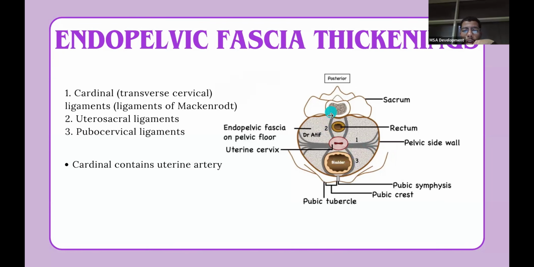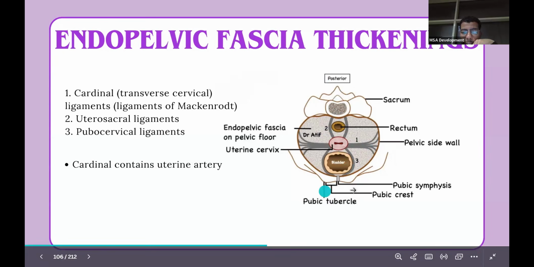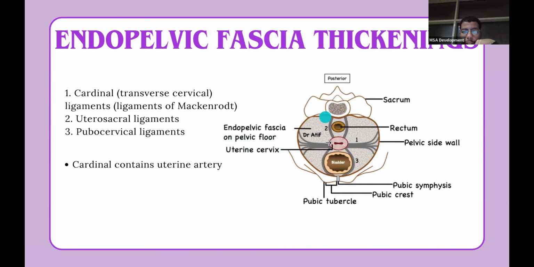Then we have from the sacrum. Can you first appreciate that this is the backside, this is the anterior side, right? So from the sacrum to the uterus, we have the uterosacral ligament, which helps keep the uterus in place. And then from the pubis to the uterus again, however, towards the bottom, so it's more towards the cervix. So it's called the pubocervical ligament.